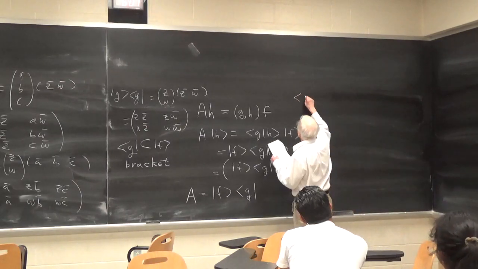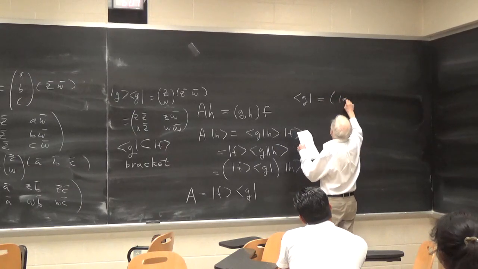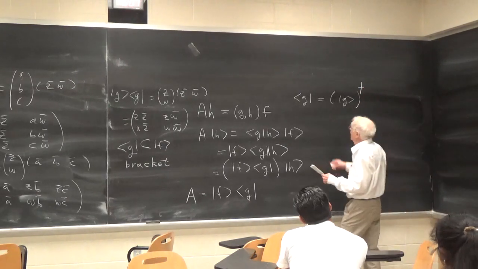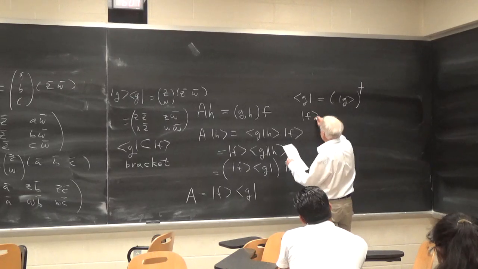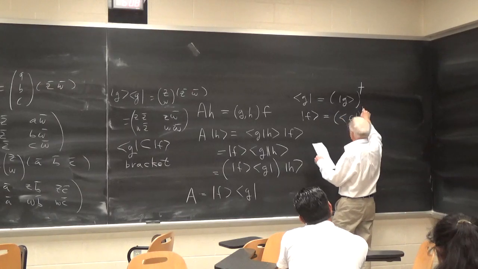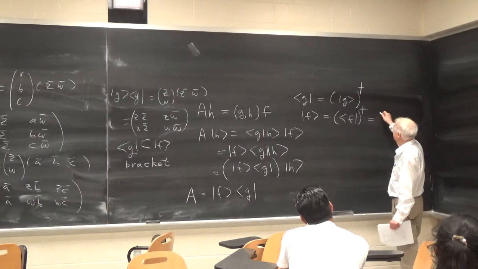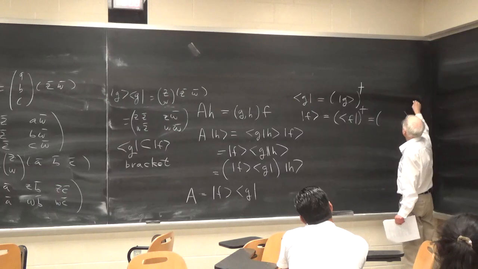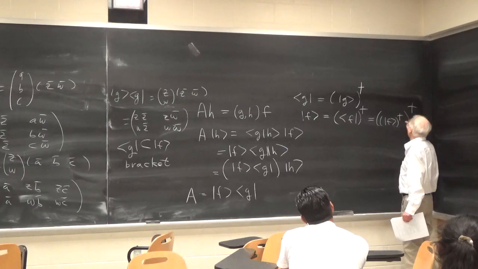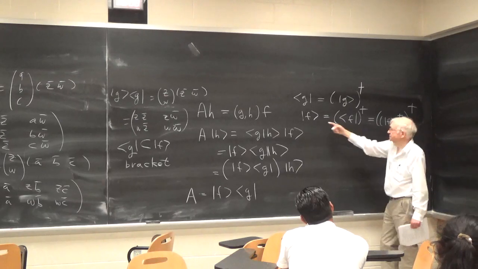Now this bra G is defined as the adjoint of the ket G. And the ket F is therefore defined as the adjoint of the bra F. That's, of course, as it has to be, because the bra F is itself the adjoint of the ket F, and taking the adjoint twice is the same as not doing anything, so you get back to that.